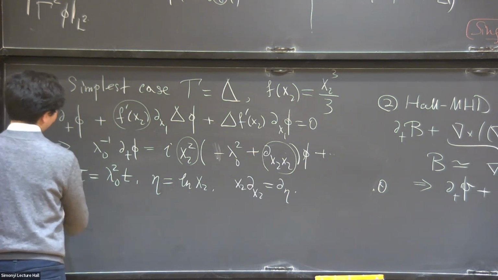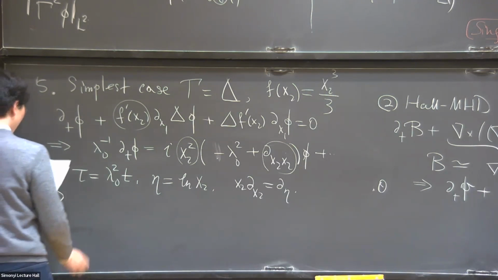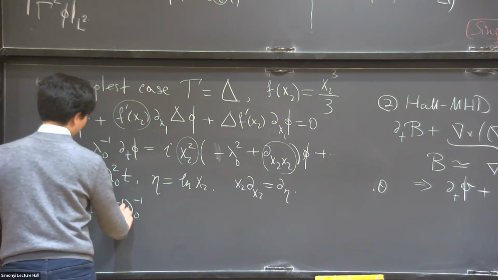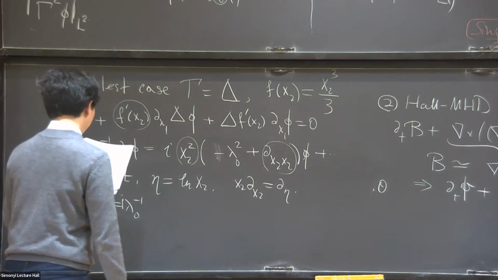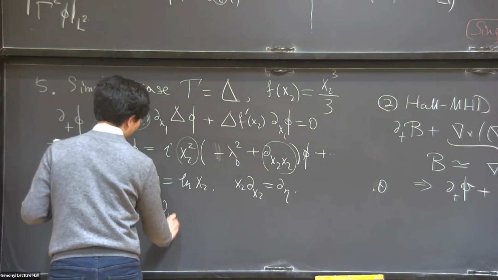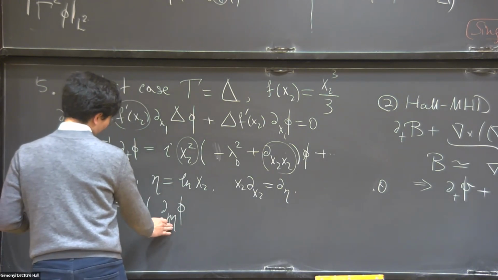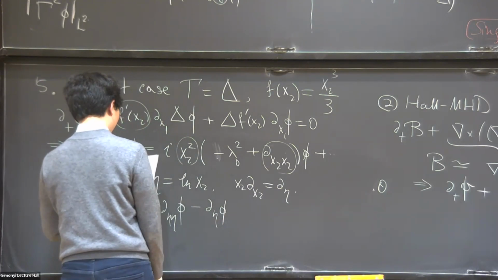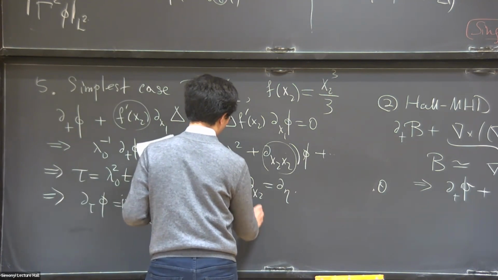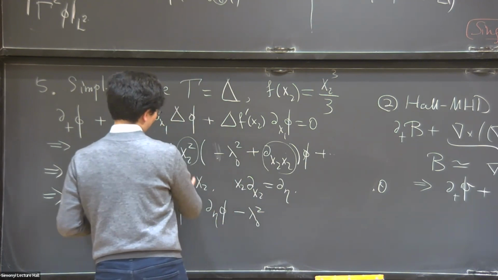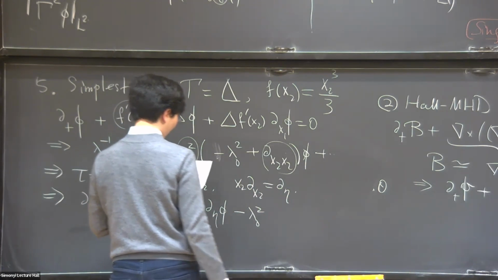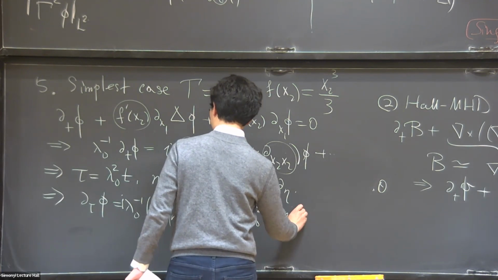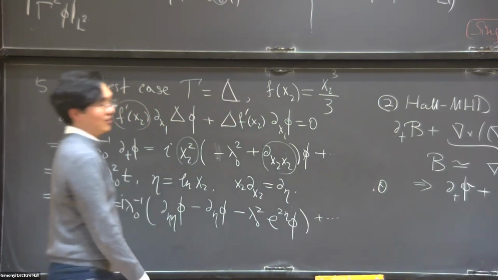And then the new equation is: the tau phi is lambda inverse I times the eta phi, and there's one lower order term, and this term is coming from this, because x2 is exponential of eta, plus even lower order terms which I neglect from the beginning.